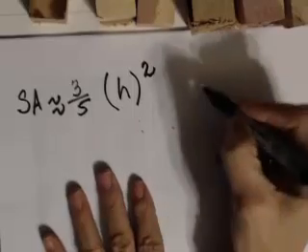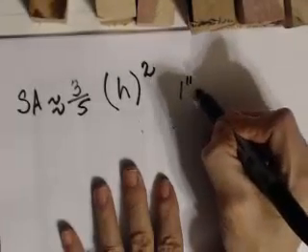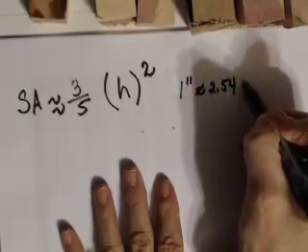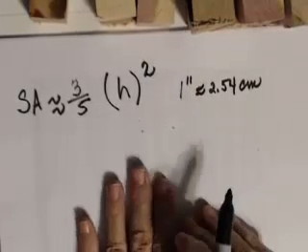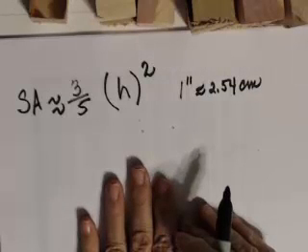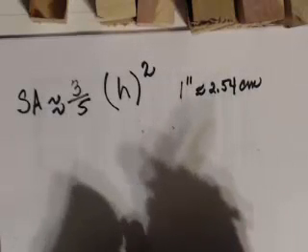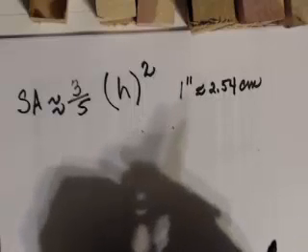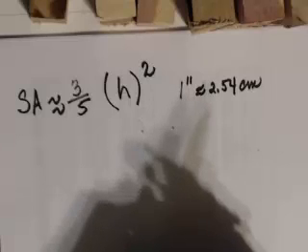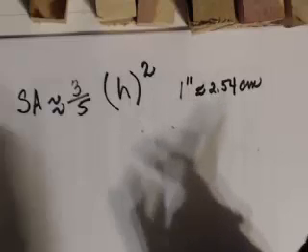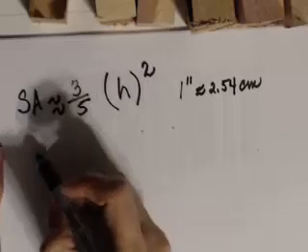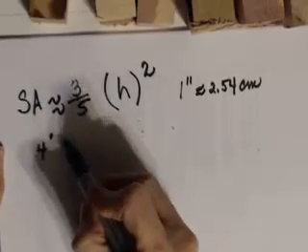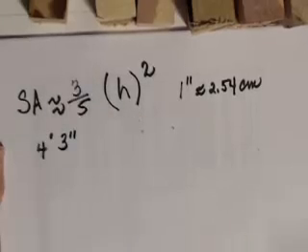So I know that 1 inch is approximately 2.54 centimeters. So I'm going to use a measure. I'm 5'3", and I think probably there will be others in our class that are that height. So I'm going to say that I am 5 foot 3 inches tall.